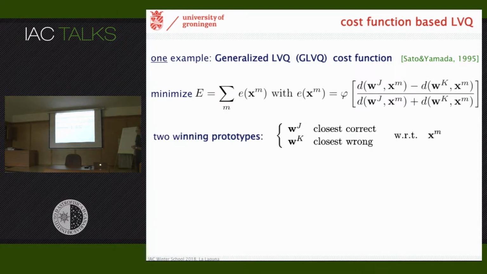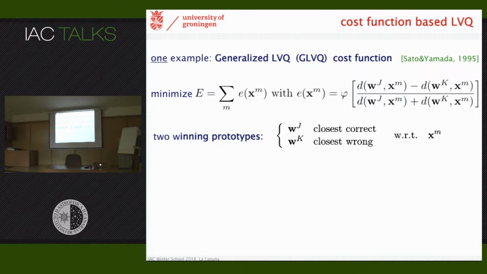And what you have here is the distance of the data point that you're considering in the training from the closest prototype that carries the same label, and the distance of the data point from the closest prototype that carries a different label. So w_J is the closest correct prototype from the same class. w_K is the closest wrong prototype from any other class.